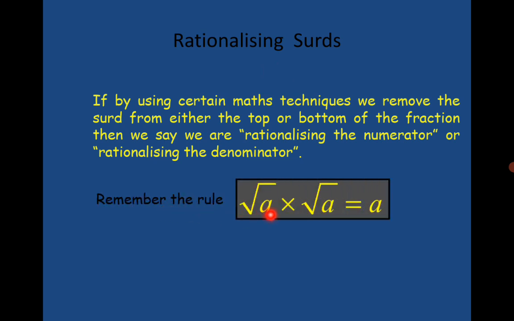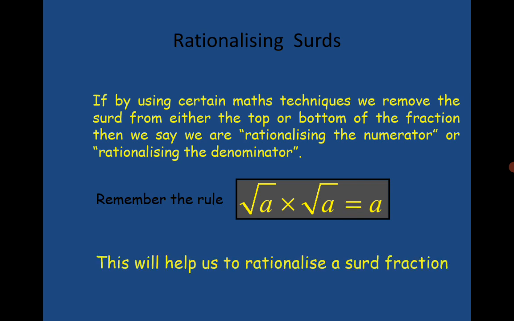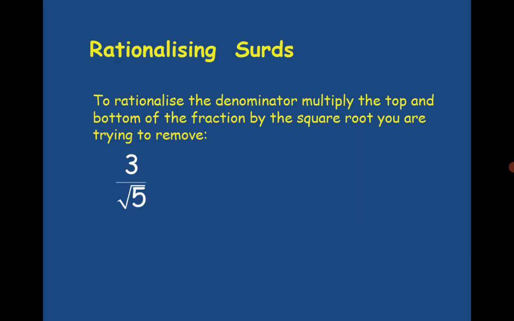But remember the rule that root of a times root of a is just a. So in so doing, we have removed the root, or we have rationalized this thing. So this will help us to rationalize a surd fraction. To rationalize the denominator, simply multiply the top and the bottom of the fraction by the square root you are trying to remove.